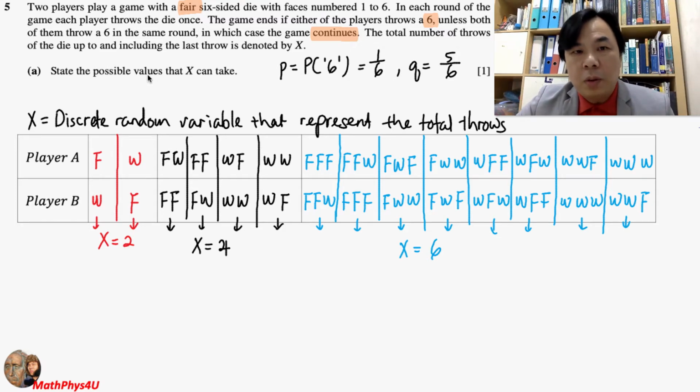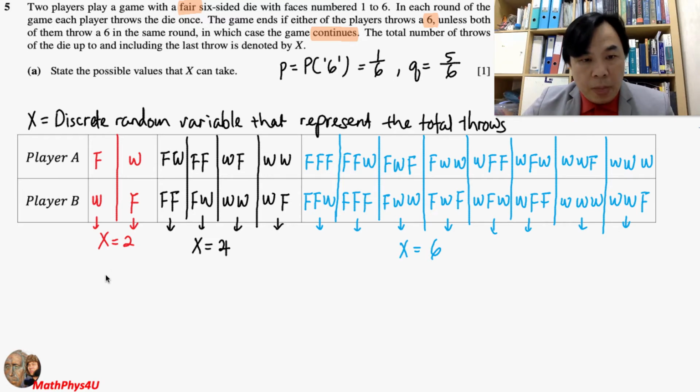Now next, we have indirectly answered the first question here. So, state the possible values x can take. What it actually says is what are the discrete random values that the random variable can take. So in this case, you can see that it can take x equal to 2, x equal to 4, or x equal to 6, or x equal to 8, and so on and so forth.